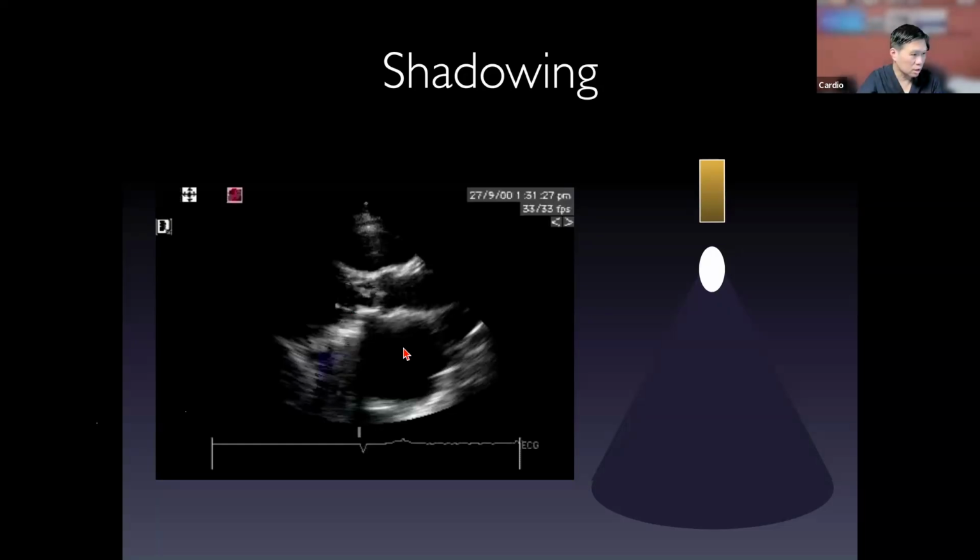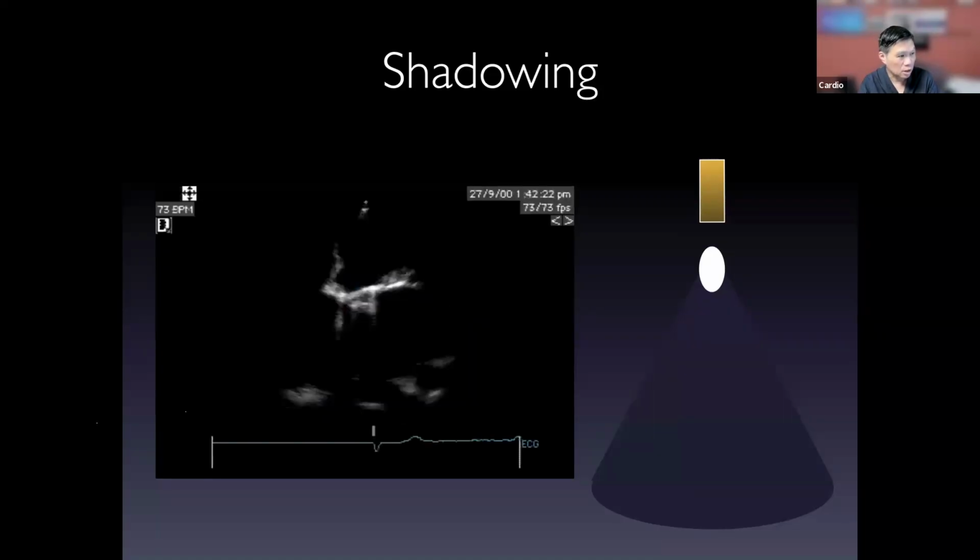So that's using alternative views, tilting forward and backward within the left atrium, and so on and so forth. But with this shadowing in the apical 4-chamber or apical 2-chamber view, in the left atrium you shouldn't be able to see anything. So keep that in mind. But in the subcostal, you should be able to see that as well. So those are all the different ways.